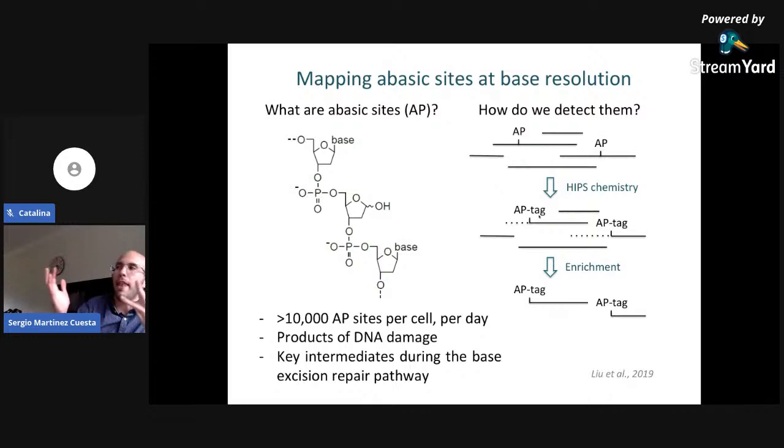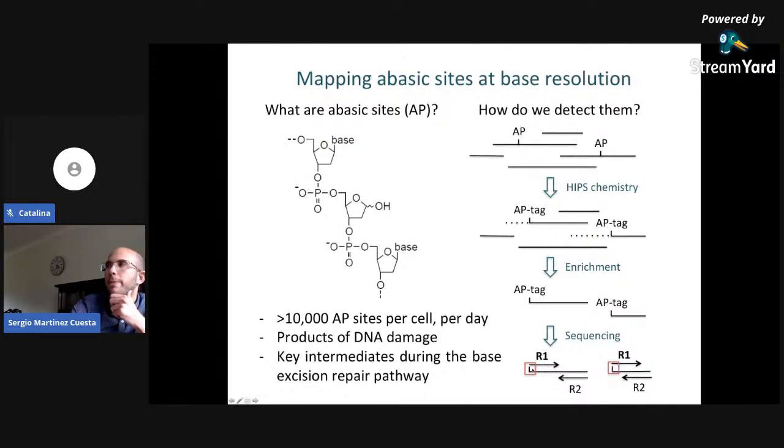So that at the end of the day, you end up with something like this. You have enriched for the reads that contain the abasic site, and then upon sequencing, with paired-end reads, the beginning of read one is what marks the location of the abasic site.